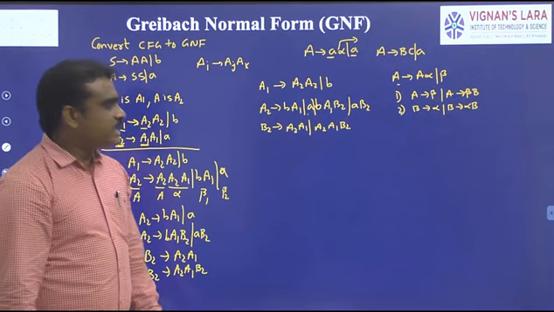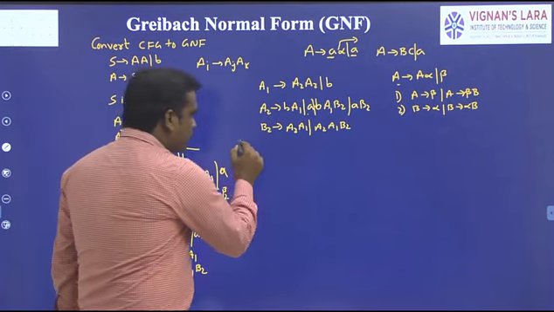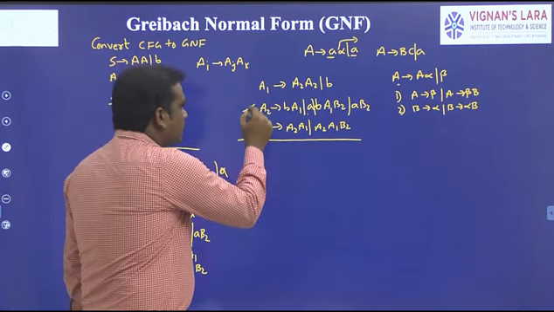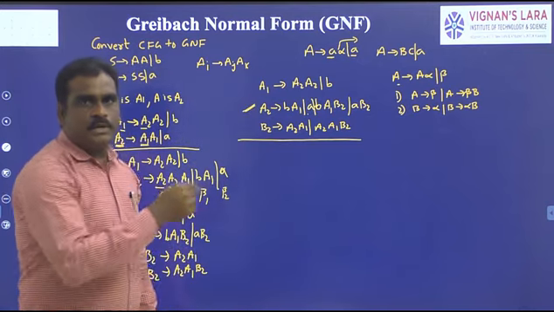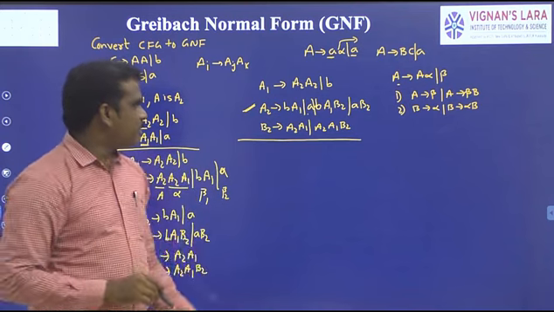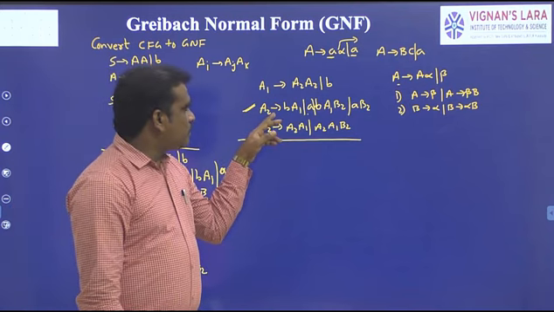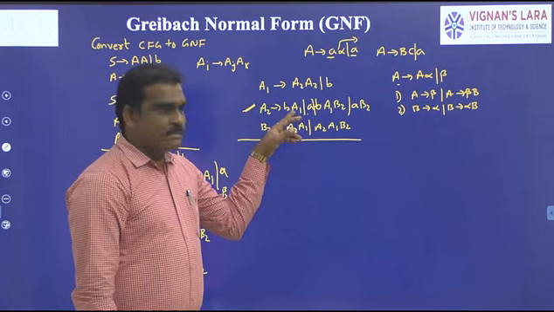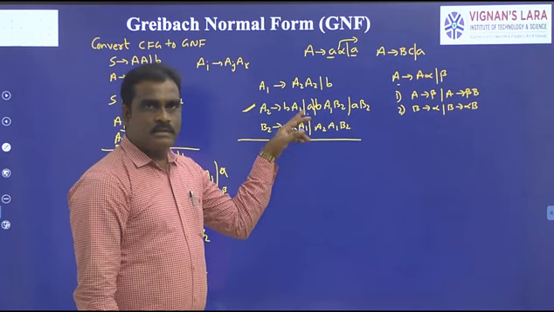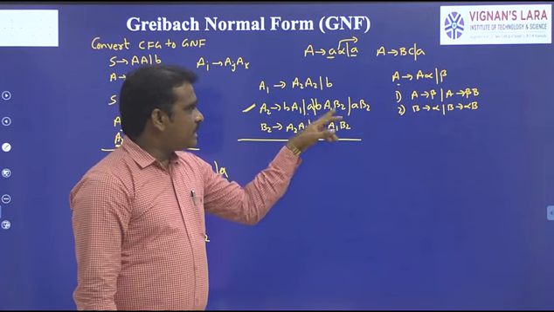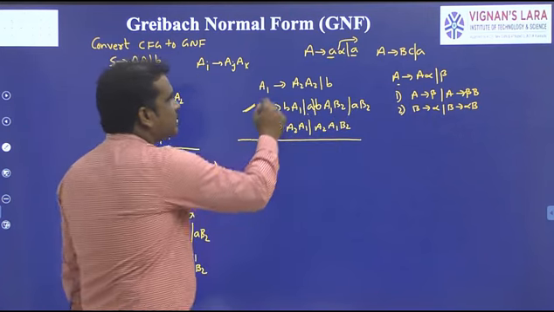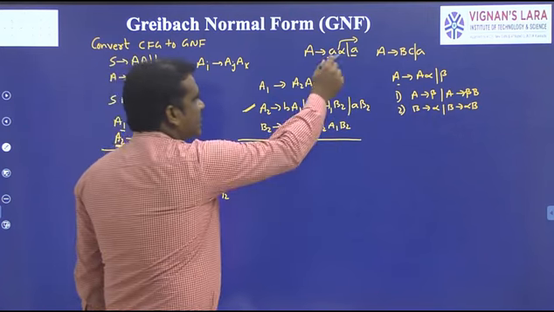If you observe these 3 productions, A2 is already in GNF form, because A2 starts with a terminal symbol followed by non-terminal symbols, or only a terminal symbol.